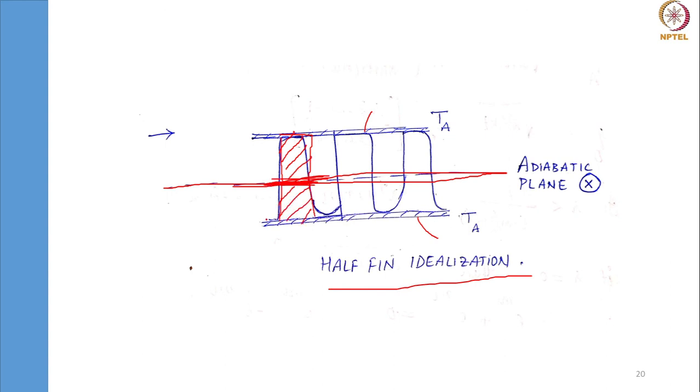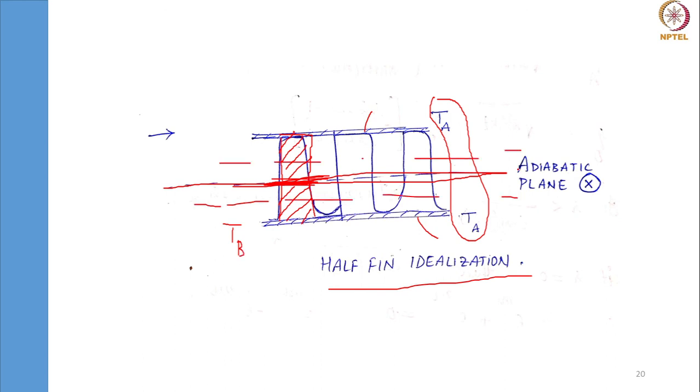If these two are equal, it is at the halfway mark, but in general these two are not equal. There is some other temperature distribution, TA and say this is TB. So my adiabatic plane also shifts towards the bottom or towards the top, given the case that a temperature extremum point exists.